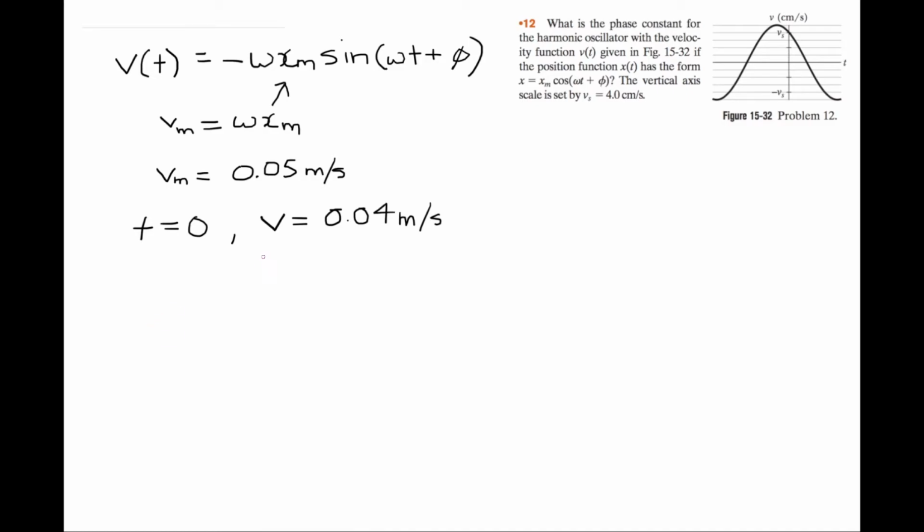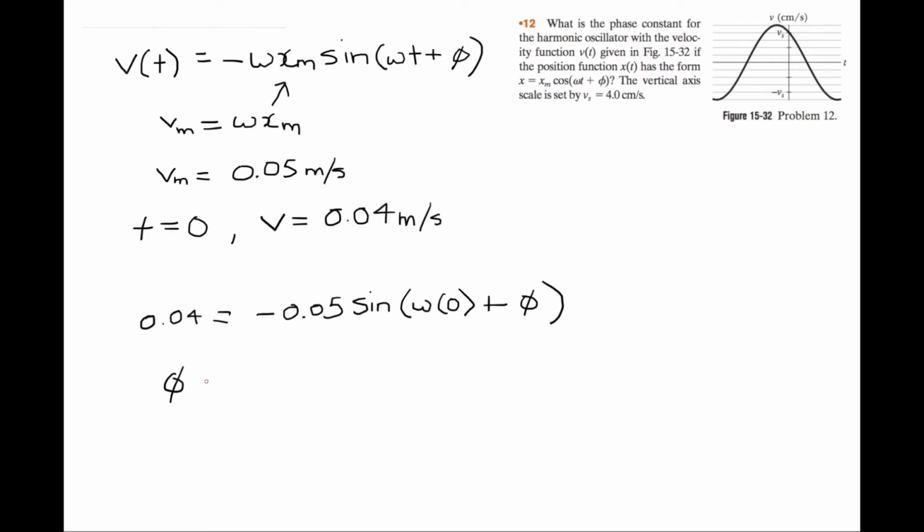So we have 0.04 is equal to negative 0.05 times the sine of omega, the angular velocity, times 0, because the time is 0, plus phi. And then we can just solve for phi.